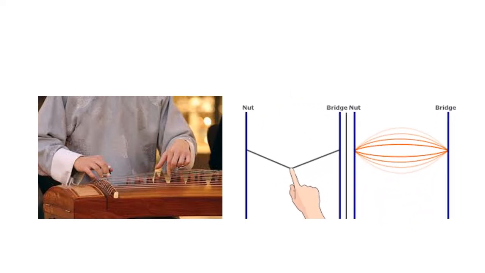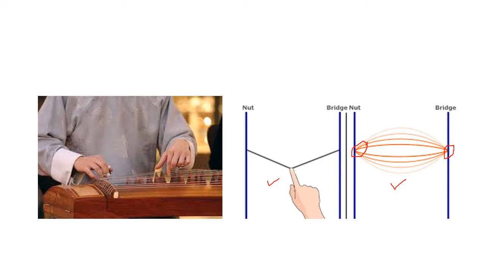Now when I am plucking this, if you see here, it vibrates, yes, vibration takes place, but the two ends of the vibrating string don't move. As it vibrates, the string moves to one side of the central position and comes back to the central position.